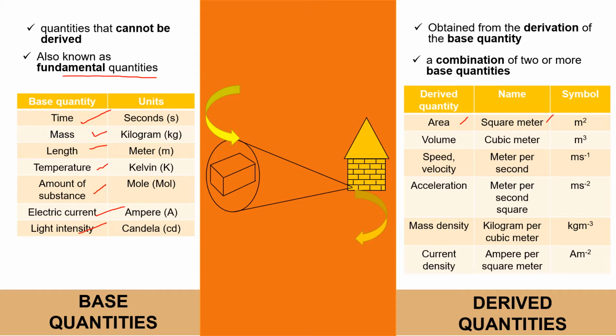So it is derived from length. Length times length is area. And the others are volume, speed, velocity, acceleration, mass density, current density. So basically, when you see a combination of units, it will be a derived quantity.